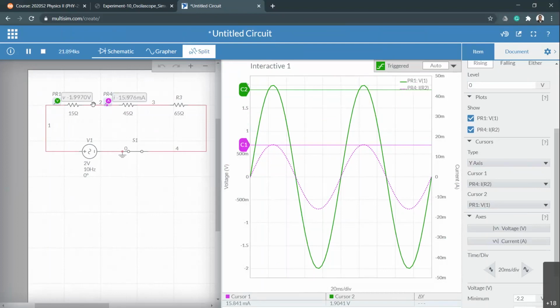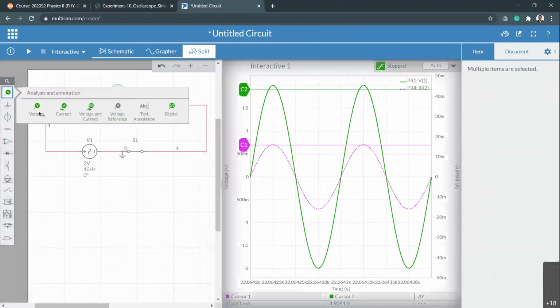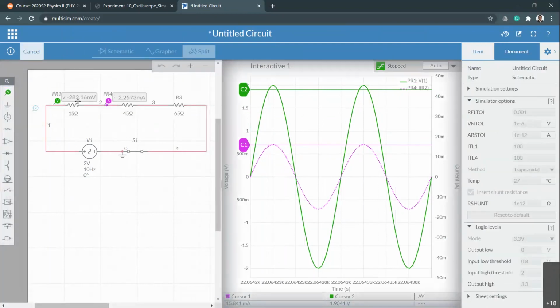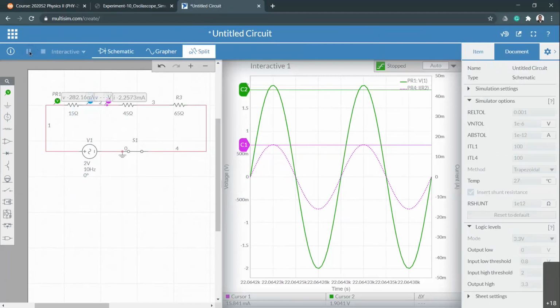I need the difference between them, right? Let's bring another volt sensor, place it after resistor number 1, and then read both values. Okay, now run this again.